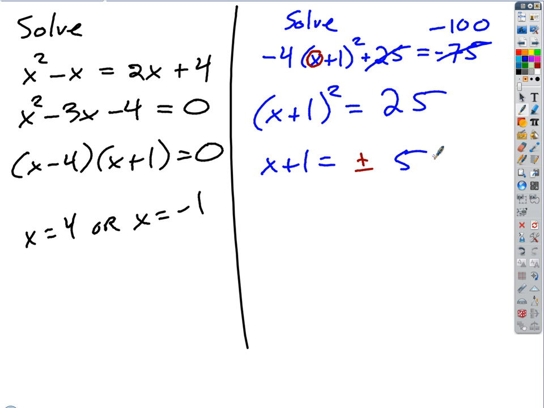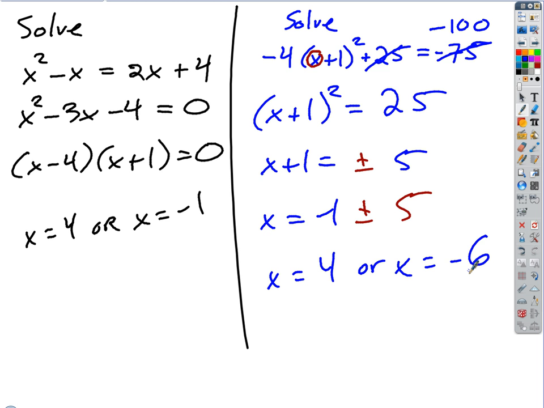And then last step? -1. Okay, subtract 1 or just add, even better, we'll just add -1 there in front of the plus or minus. And now we've got both solutions. So what's one solution? x - 1 equals plus 5, which would be 4, and -6. Okay, done, got it.